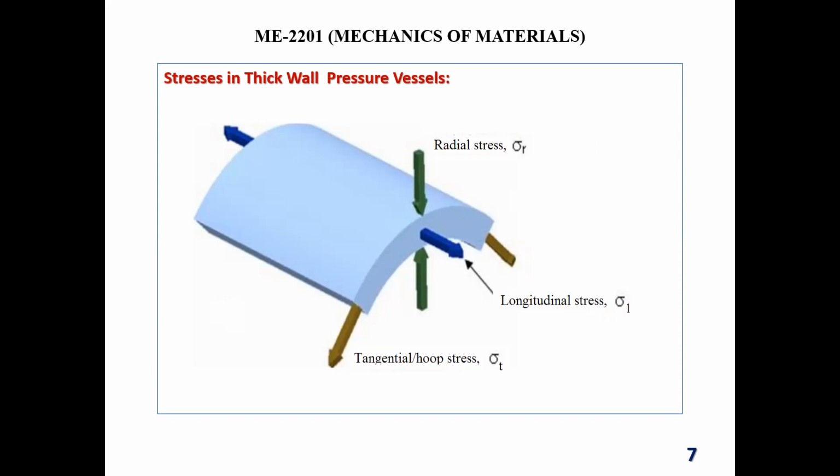So we need to make sure there will be no explosion of those boilers, no damage of property, and no harm to people's lives. So whatever you are making, you need to make sure that those are safe to use. That's why we need to analyze or design the pressure vessel, so that whatever material you are using is safe to carry the pressure load.